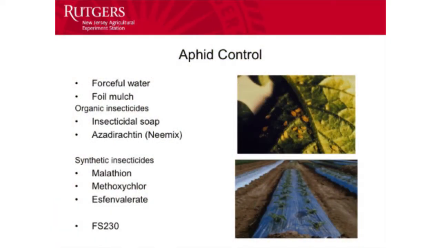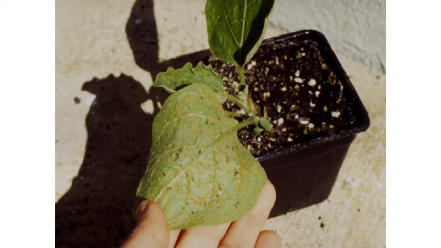Some of the control measures that you can implement with aphids: a forceful stream of water works well. So if you discovered your eggplant had aphids on it, you could take it to a faucet and hose it off vigorously to knock the aphids off. They're very small and soft-bodied, so that'll damage a lot of them and wash them off. Then do that a couple times, and put it back someplace where the aphids didn't fall off of the plant.